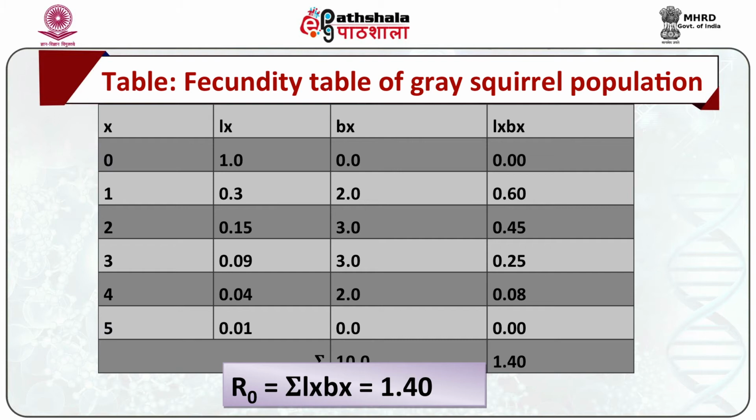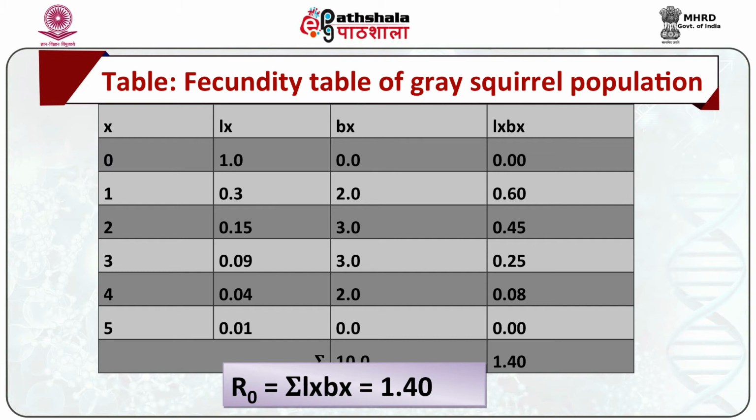To adjust for mortality, each Bx value is multiplied by its corresponding proportion survival, that is lx values. The resulting value lxBx gives the average number of female offspring produced in each age class, adjusted for survivorship.